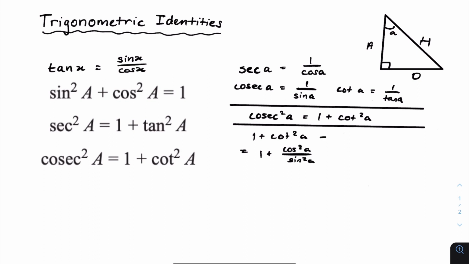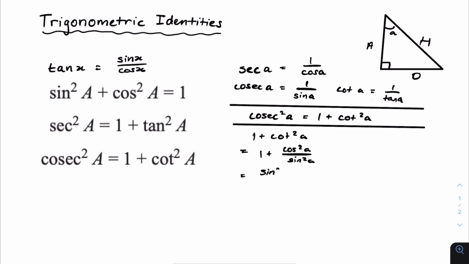This is because cot is equal to 1 over tan, which is equal to 1 over sine over cos, which is equal to cos over sine. So that's just how I prove that cot squared A is equal to cosine squared A over sine squared A. So now we can multiply 1 by sine squared A and divide it by sine squared A to get it as a fraction.